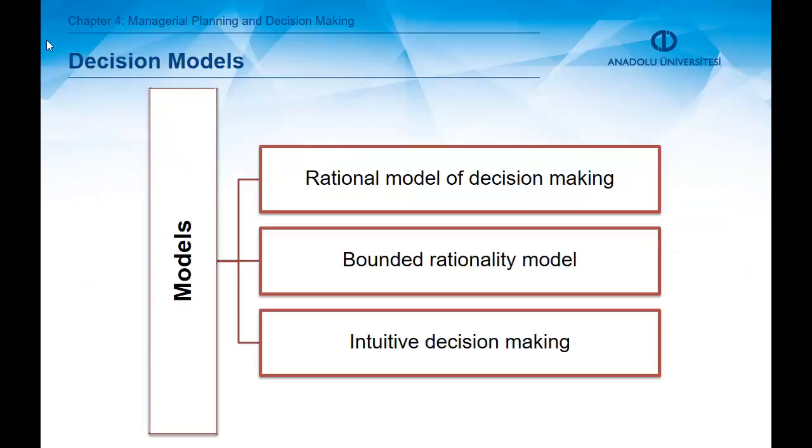Of course, the decision-making process will be implemented or applied by different types of managers at different levels. And the decision-making process will change from one perspective to another. For example, one decision-making process will be a participative one.